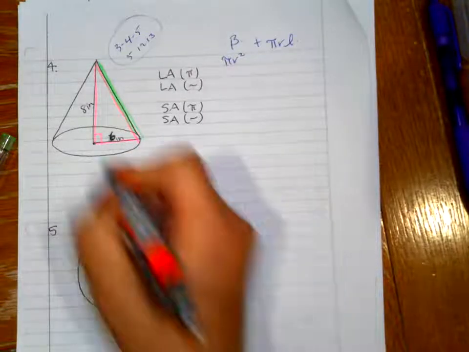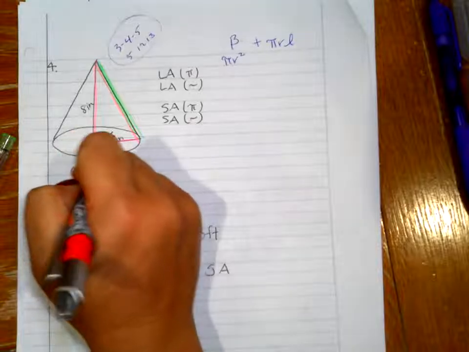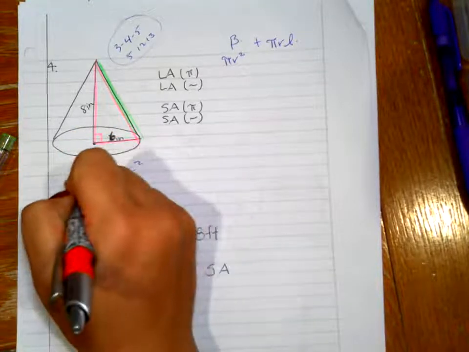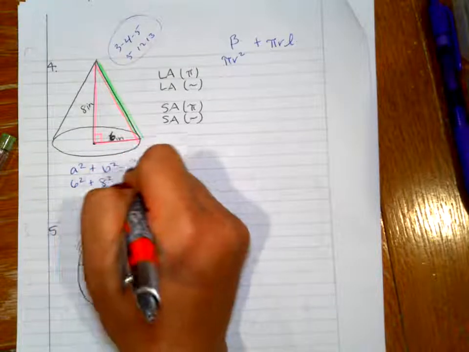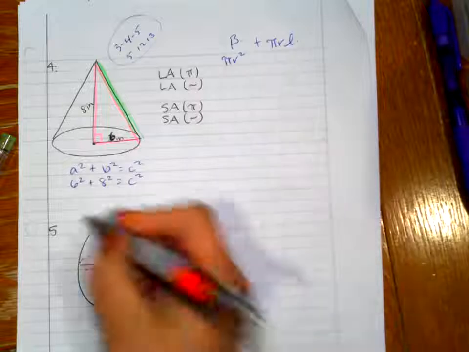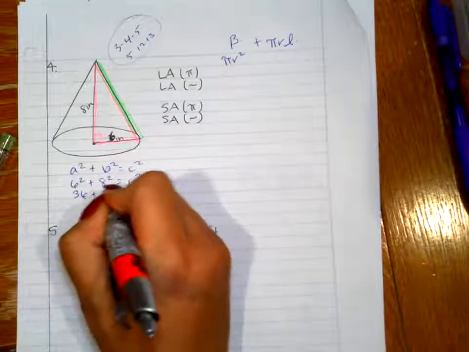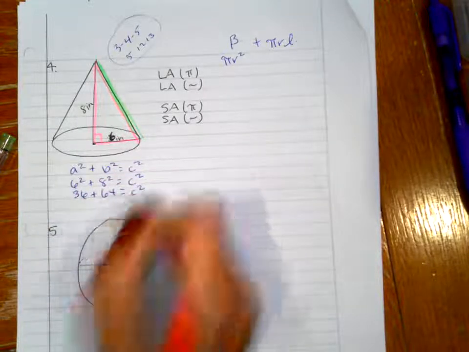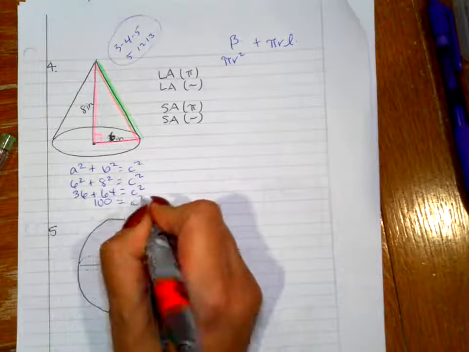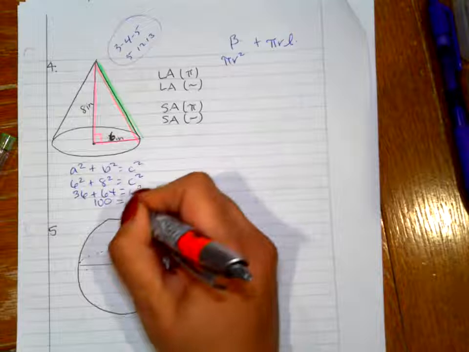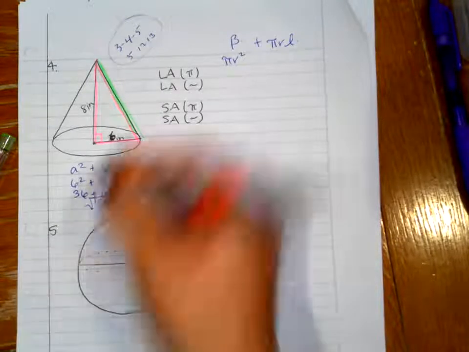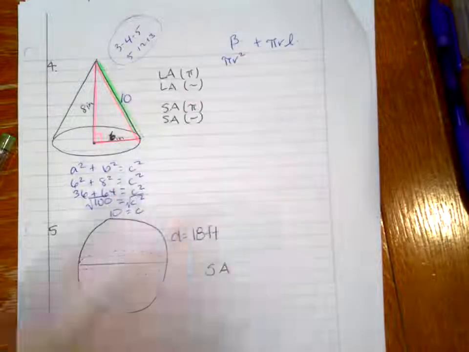If not, do what you need to do. 6 squared plus 8 squared equals C squared. Again, remember, it doesn't matter which way we do this. 36 plus 64 equals C squared. 100 equals C squared. Take the square root of both sides. C equals 10. So my slant height right here is 10.